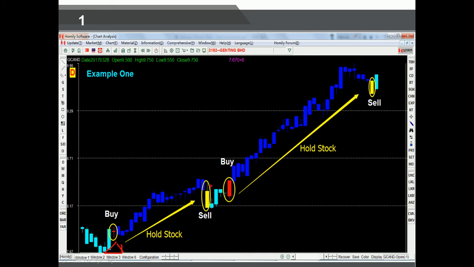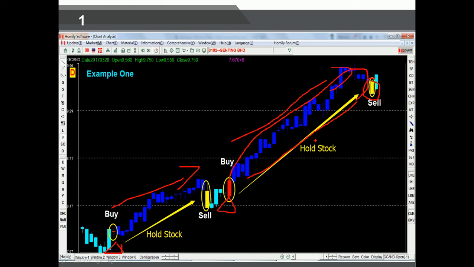The yellow means sell, and then the candlestick becomes red again, so you should buy, and here is the dark blue. Sorry, here means hold, and then it becomes yellow. So when you see the yellow candlestick, just sell. So it's very easy to understand and very easy to operate.